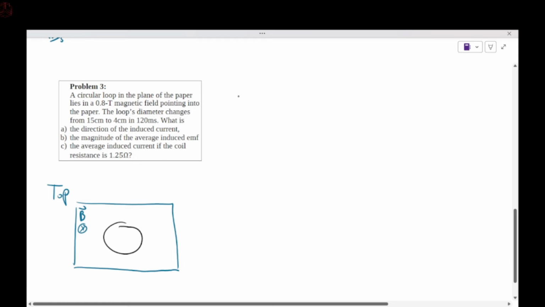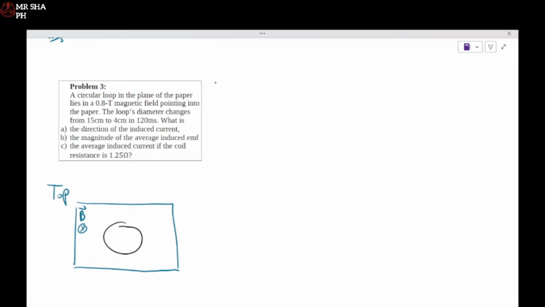The magnetic field is equal to 0.8 Tesla, and the diameter changes from 15 cm to 4 centimeters.